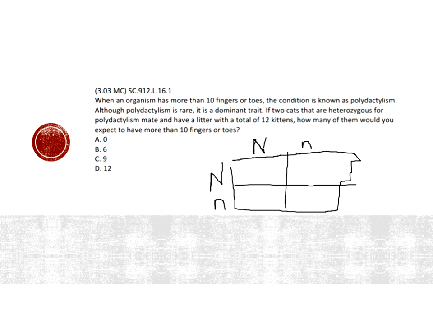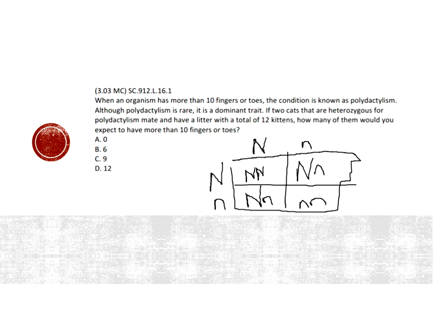And if we do that Punnett square, we would get 3 of the offspring possibilities having polydactyly, and 1 of the possibilities having normal.